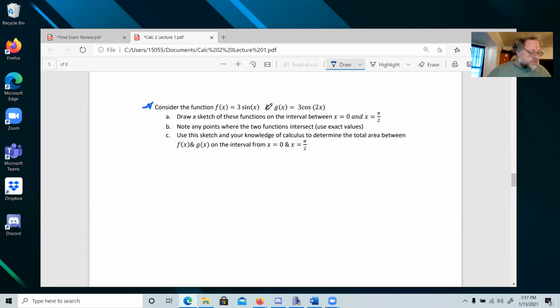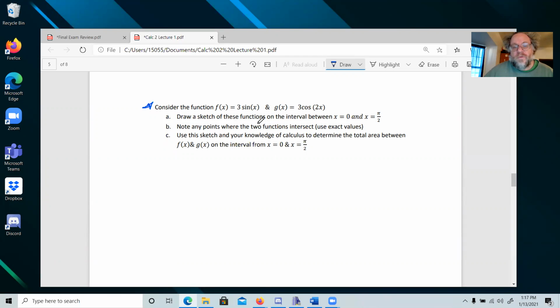Okay. So what are we doing here? It says consider the functions f equals 3 sine x and g equal to 3 cosine 2x. And the first thing, and I can't do that in the online homework we have now, they do give you some hints regardless, but in a face-to-face class, I would have told you, hey, I want you to graph it first because you have to draw out your problem.